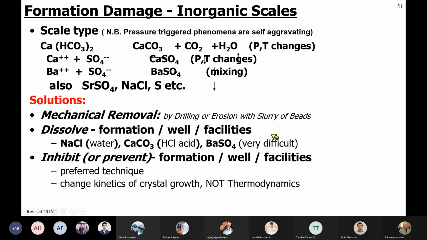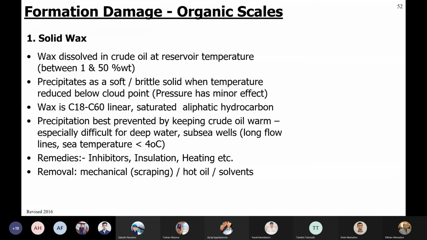There are some organic scales as well, like wax. In many oils there is some wax. Depending on oil type, we may have some degree of wax.